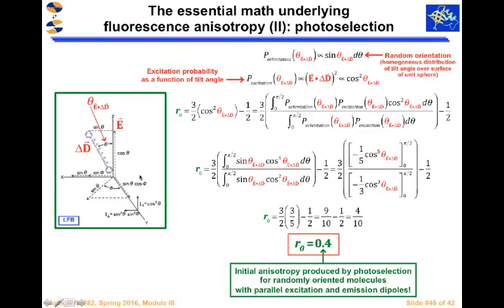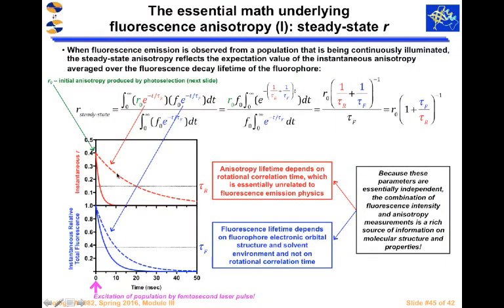This has to do with the mathematics. This ultimately comes from the fact that the Legendre polynomial that describes the anisotropy gives a population-weighted fraction, a linearly weighted average over the population.